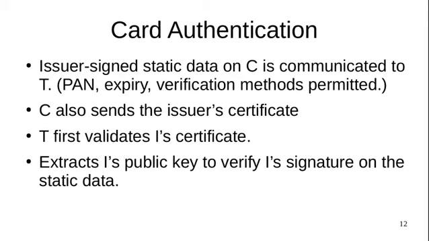The issuer will be signing the static data using the private key of the issuer. Using the public key of the issuer, you can verify the signature. For that, the issuer certificate will contain the public key of the issuer. That will be extracted, and the signature will be verified.